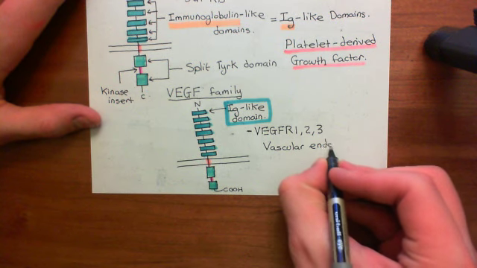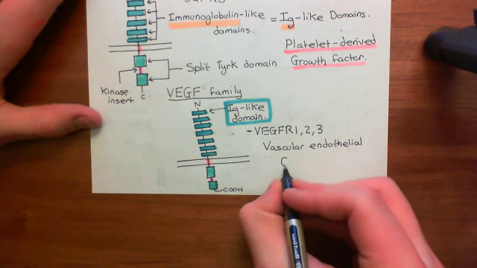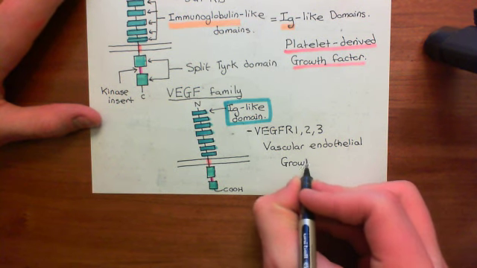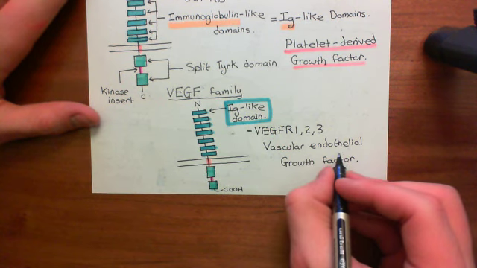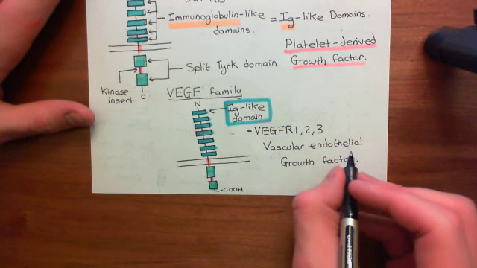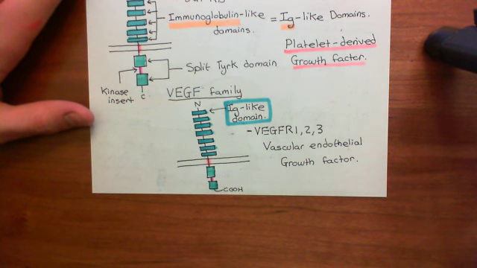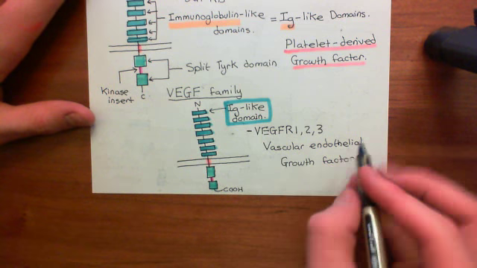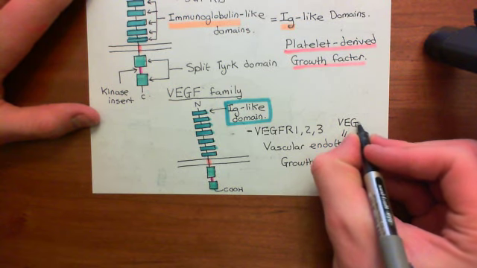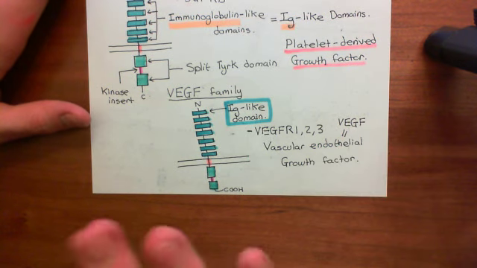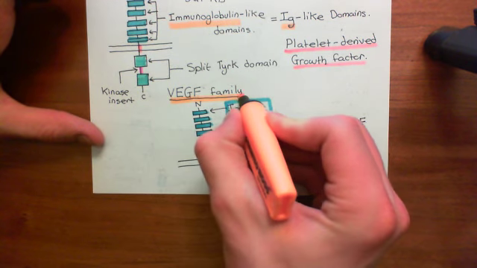The V is for vascular, the E is for endothelial, and the GF is for growth factor. There are different forms of vascular endothelial growth factor, which will have different specificities for the different types of receptor. But we'll keep this nice and general and just talk about VEGF. So that's the next family of receptor tyrosine kinases, the vascular endothelial growth factor family.